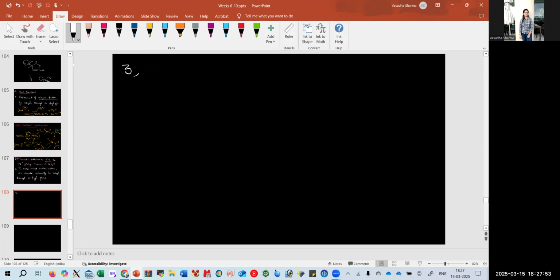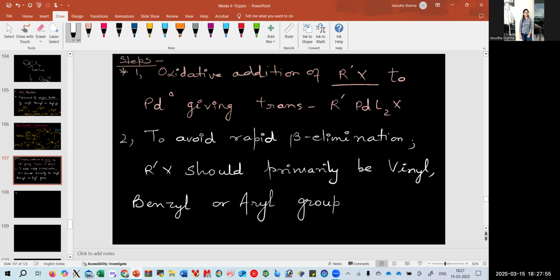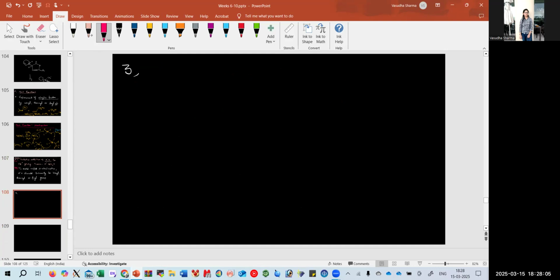Third point is, or we can call it, just a note. This is step 1. Step 2 is insertion.